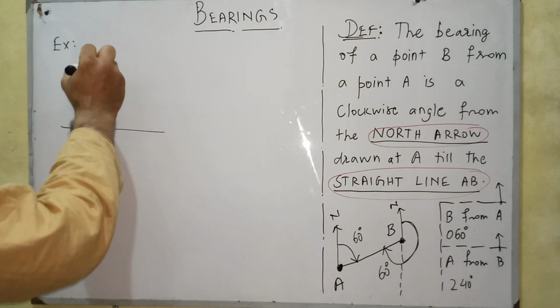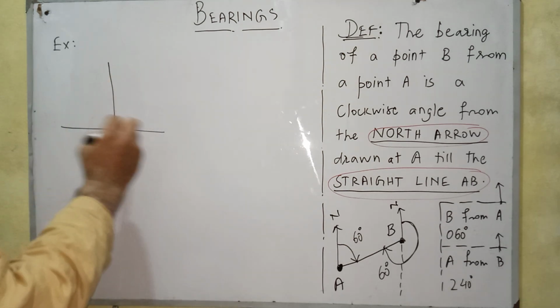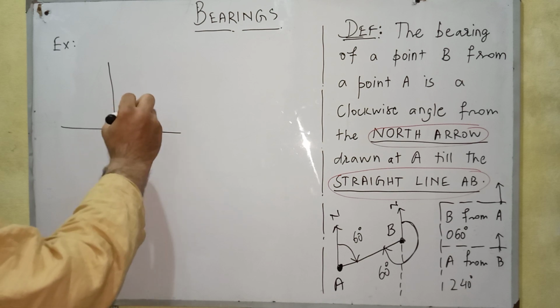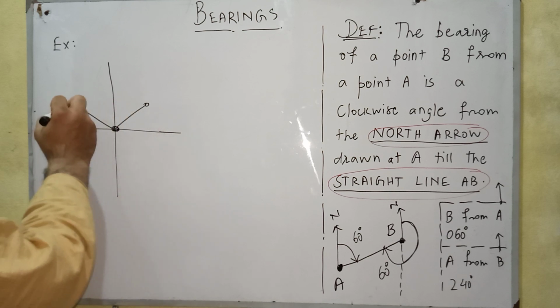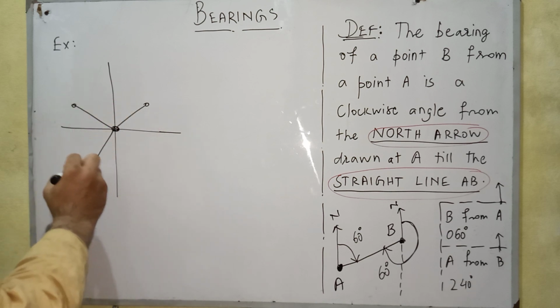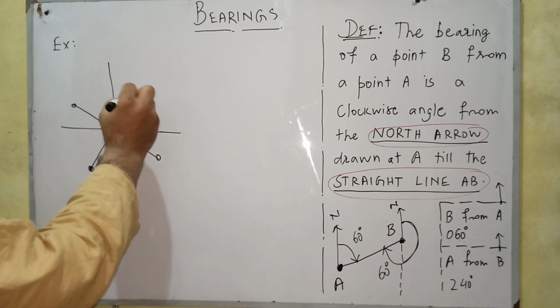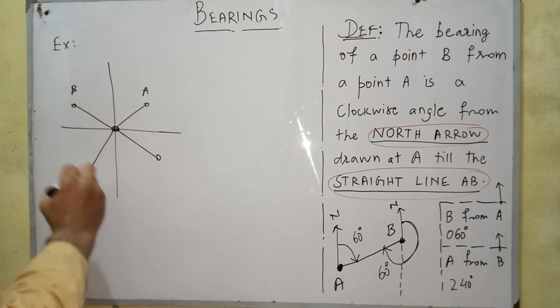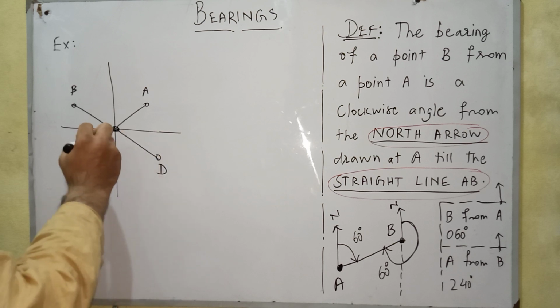This is a coordinate system, and in this coordinate system we have 4 points: A, B, C and D, and this is the origin.